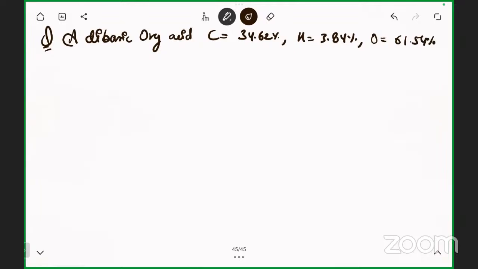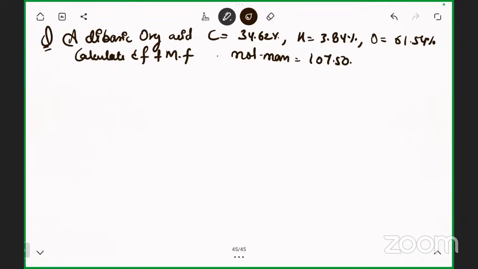This is given in the question, and the question is to calculate the empirical formula and molecular formula. Molecular mass is also given, that is equal to 107.50.